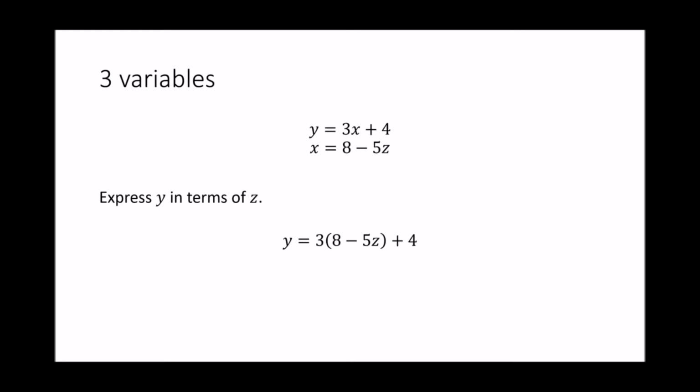Y equals 3 times 8 minus 5z plus 4. We want to write the formula in a way that is as simple as possible, so we get rid of the brackets. And then we get 24 minus 15z plus 4, or completely simplified, y equals 28 minus 15z.